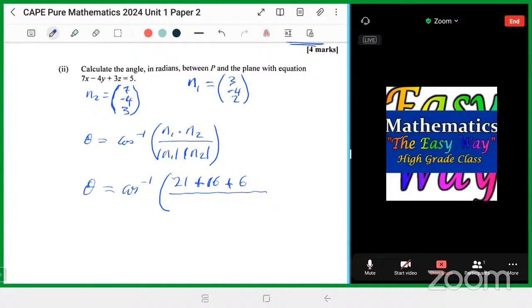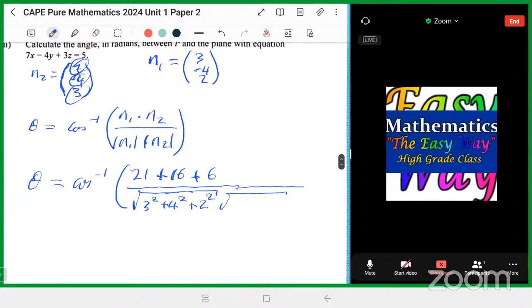Let's come with the square root. And the first one, the n1, is going to be the square root of 3 squared, 4 squared, 2 squared, times the square root of the other modulus, which is 7 squared, 4 squared, 3 squared.